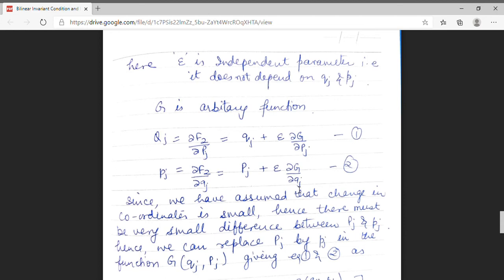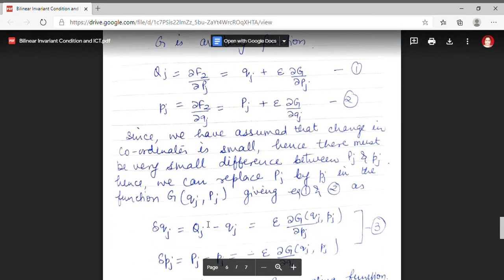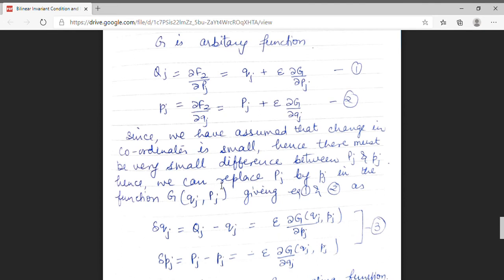Now, since we know that between capital Pj and small pj there is a small change, what we are doing is replacing capital Pj by small pj. Since function G depends on small qj, capital Pj, we are replacing this capital Pj with small pj.